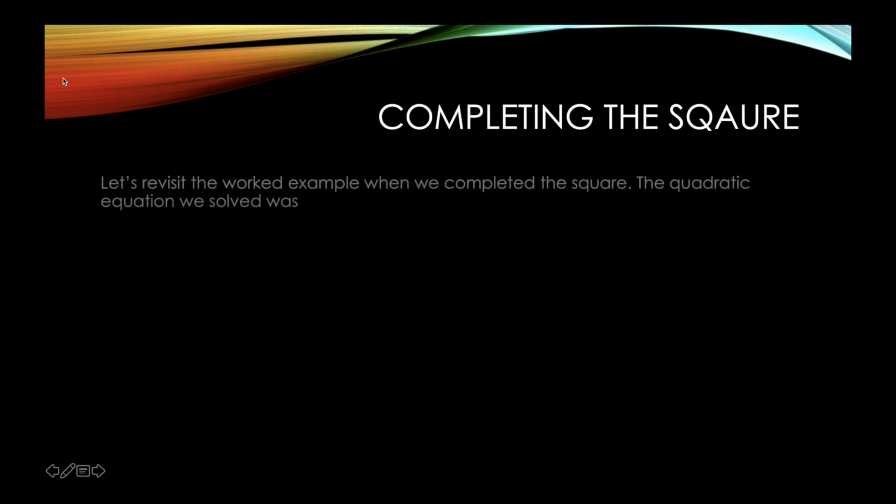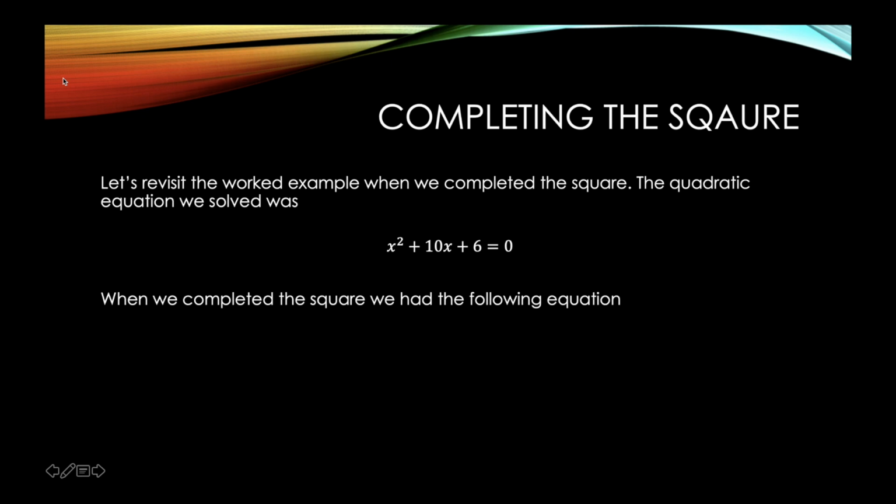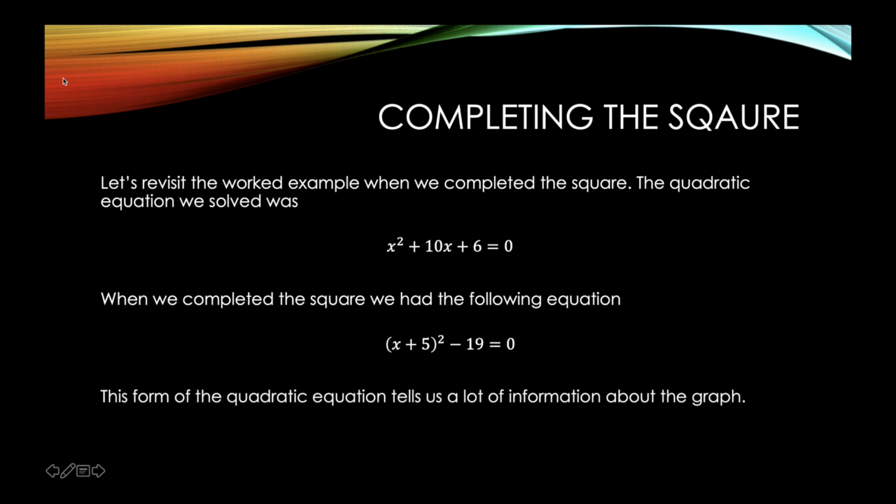What we're going to do is revisit the worked example where we completed the square. The quadratic equation we solved was x squared plus 10x plus 6 is equal to 0. When we completed the square, we obtained the equation (x plus 5) all squared minus 19 is equal to 0. This form of the quadratic equation tells us a lot of information about the graph.